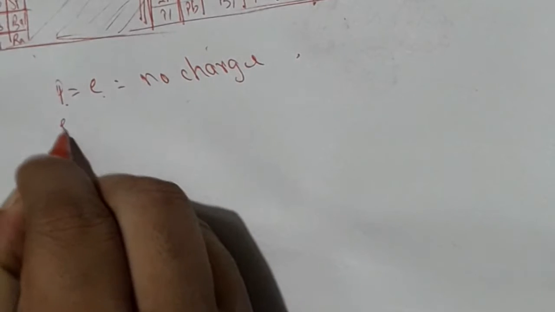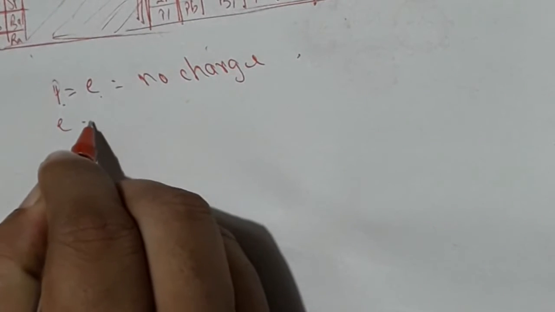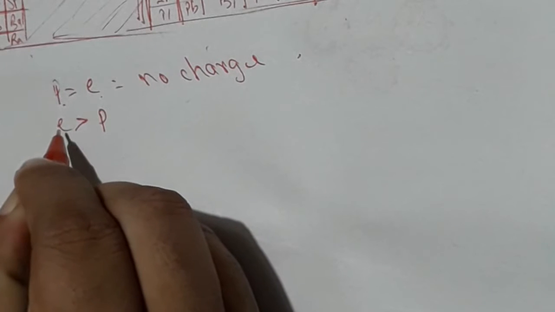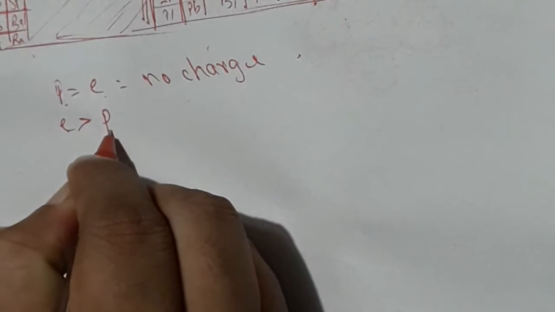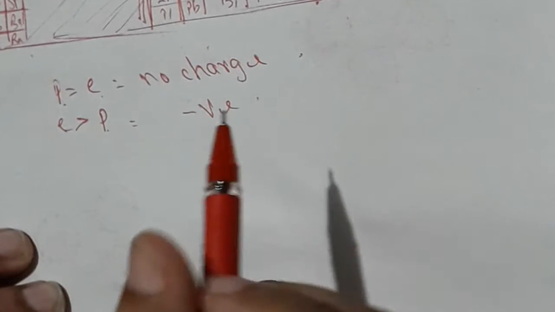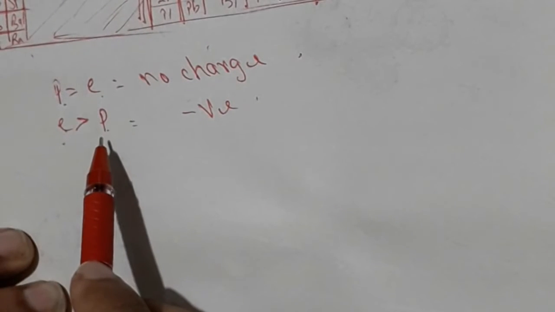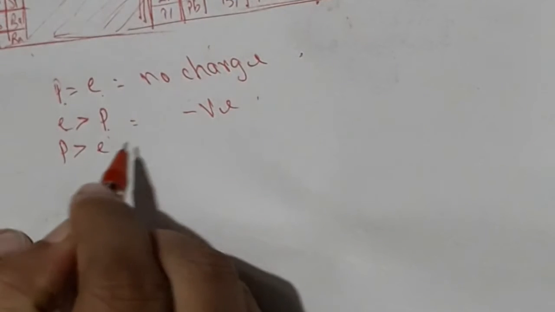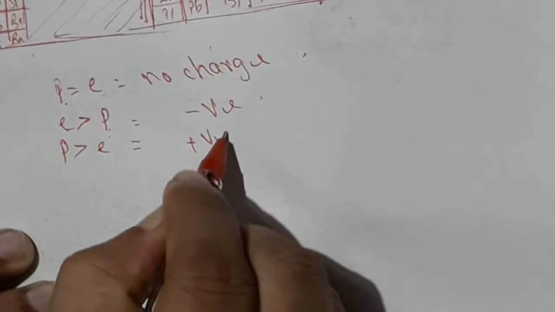Sometimes the number of electrons and protons is given. If the number of electrons is more than protons, they have negative charge. In some cases the number of protons is more than the number of electrons, then they have positive charge.